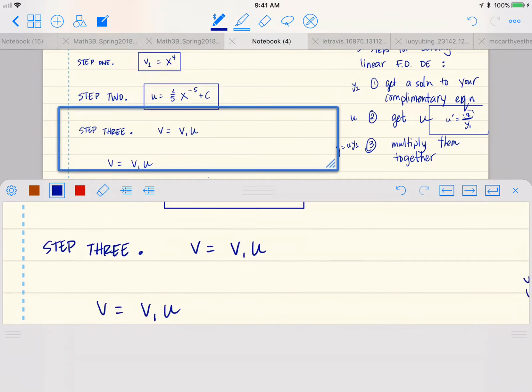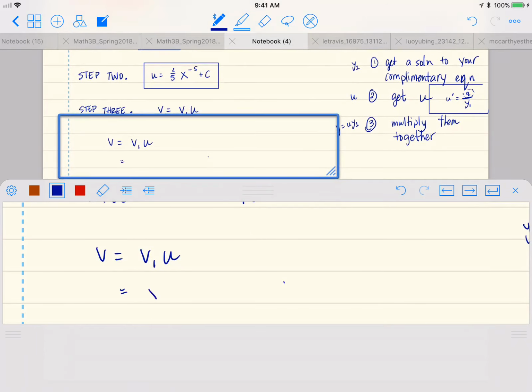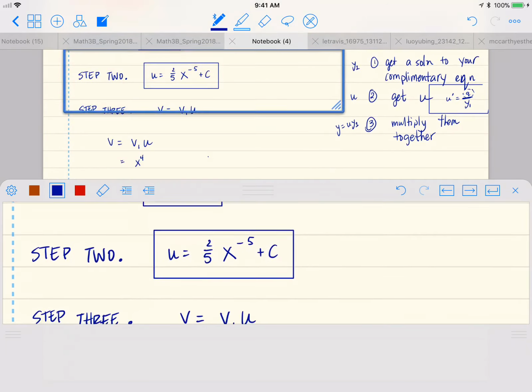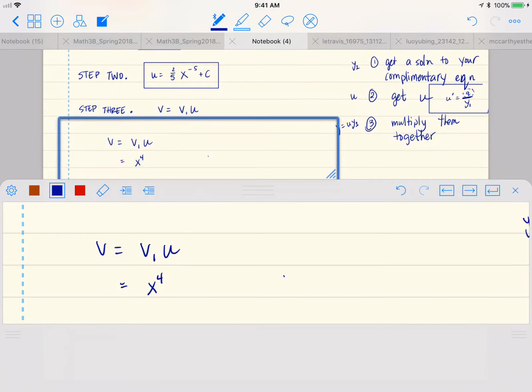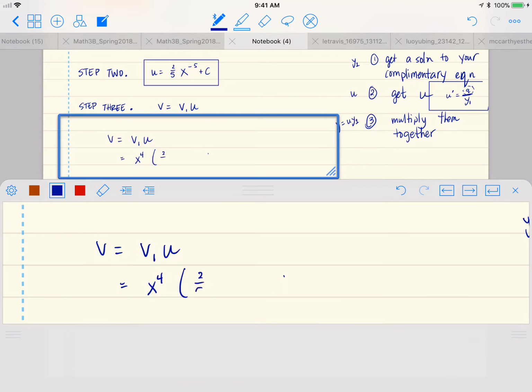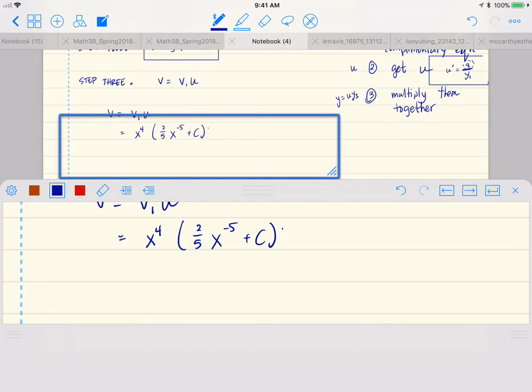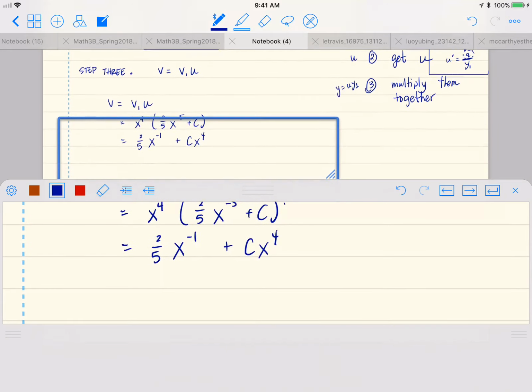And v1 is x to the 4th. U is 2/5 x to the negative 5 plus a constant. So we can simplify this to be 2/5 x to the negative 1 plus c x to the 4th power.